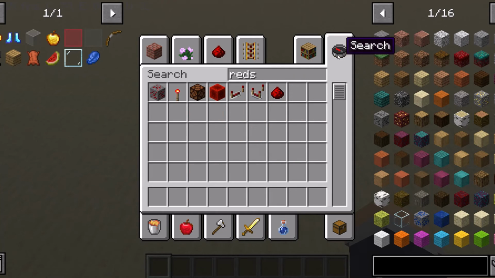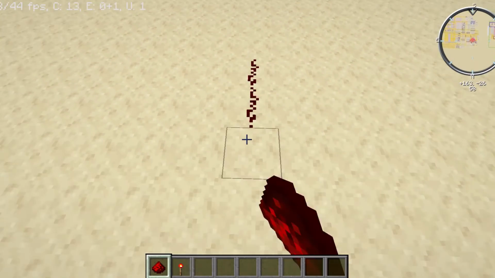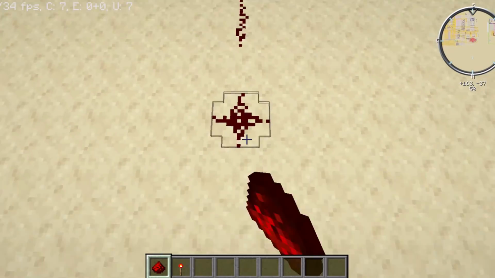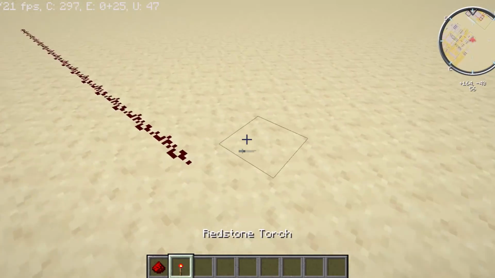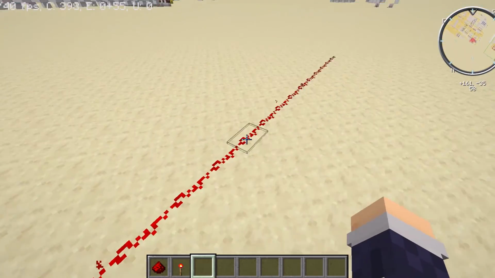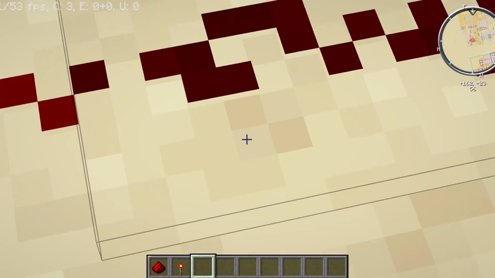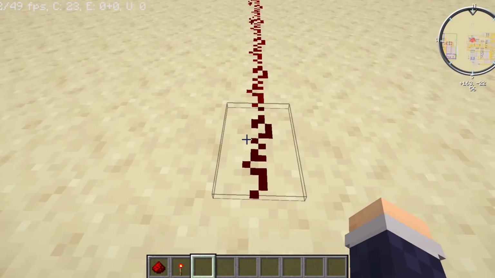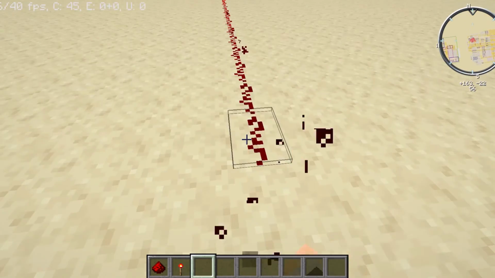So after 15 redstone dust, I'll demonstrate it for people that don't know. The redstone just fades out. So a long line, and if I power it, the signal goes weaker and weaker and weaker. Oh, and here it goes out. This is the 16th redstone dust.